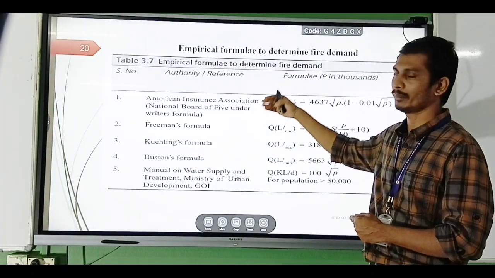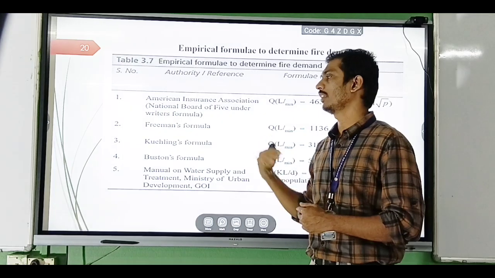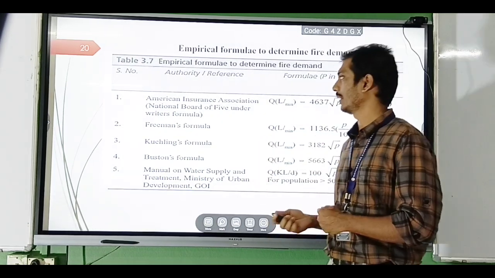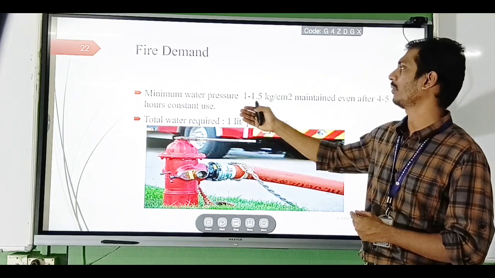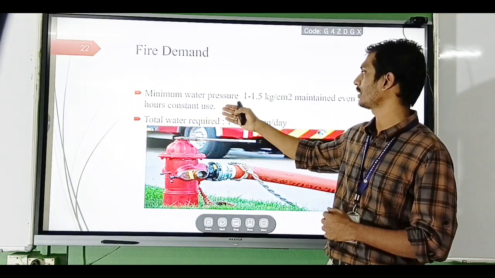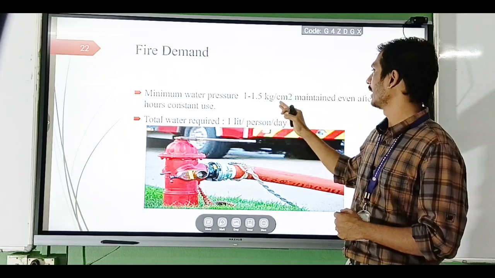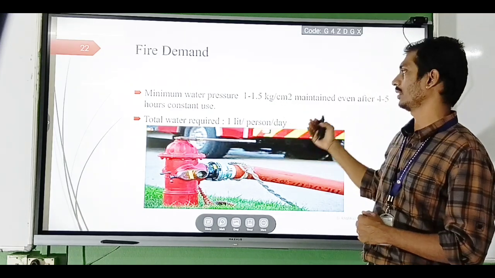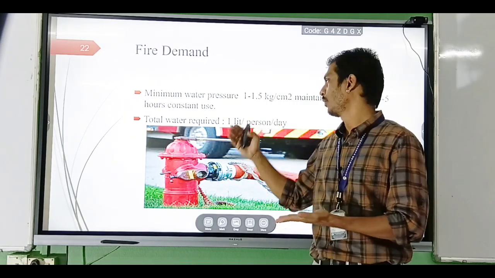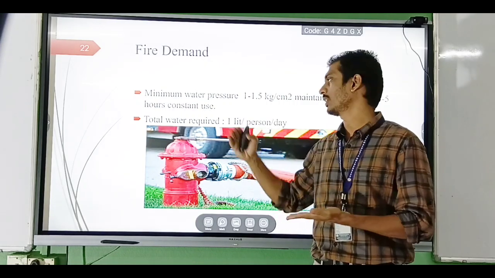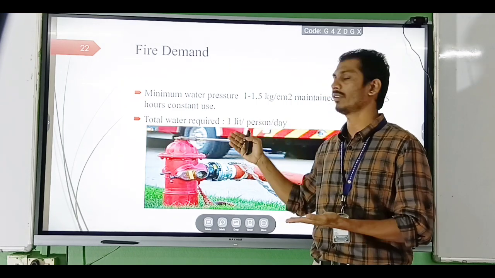Next, we need to maintain a minimum water pressure of 1 to 1.5 kg per centimeter square. And for a population of 40,000 people, 40,000 liters of water is required for fire demand.